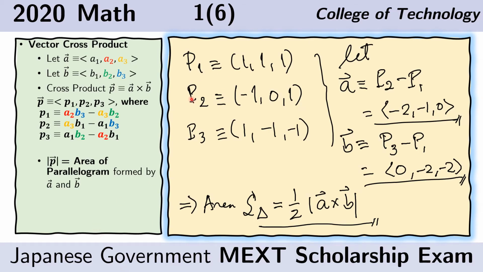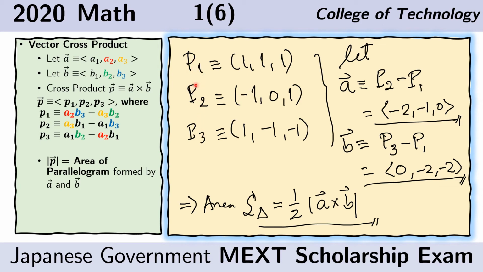Here we rewrite the vertices of our triangle. We call them P1, P2, and P3. And then we define two sides of this triangle as vectors. In our case, we choose one side to be from P1 to P2 and the other side to be P1 to P3.